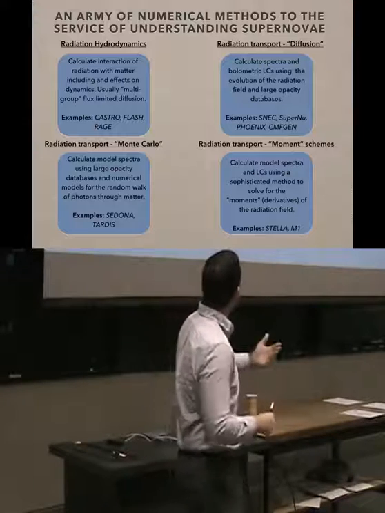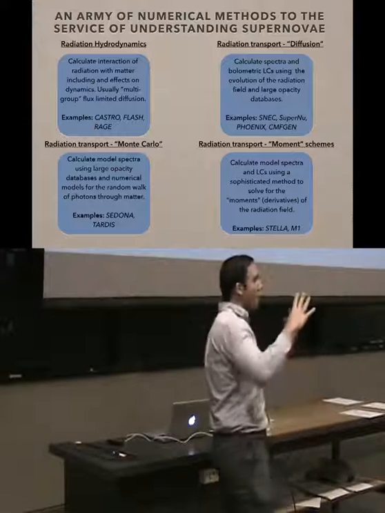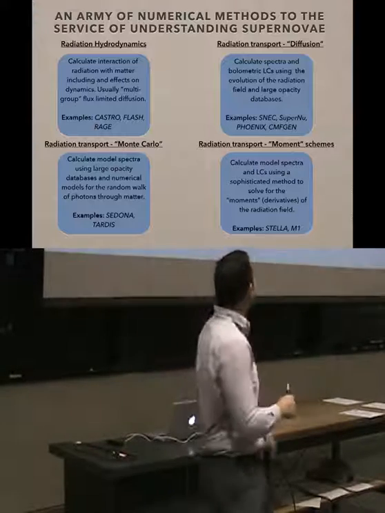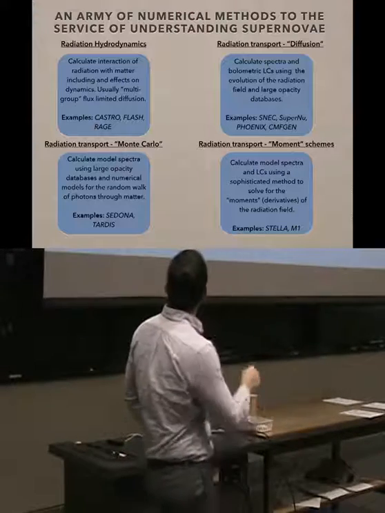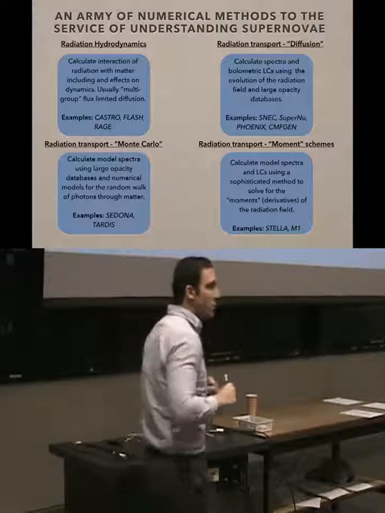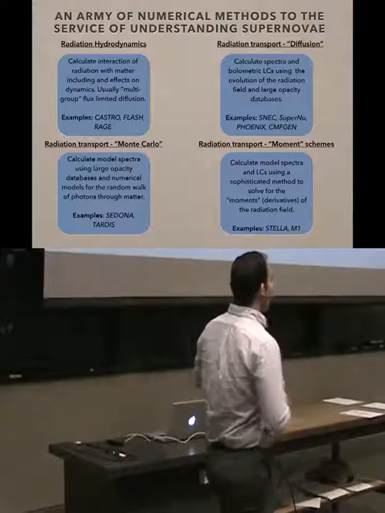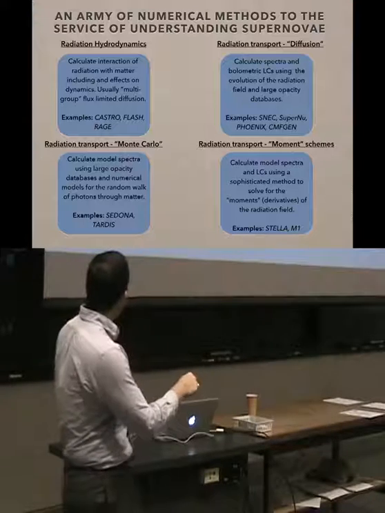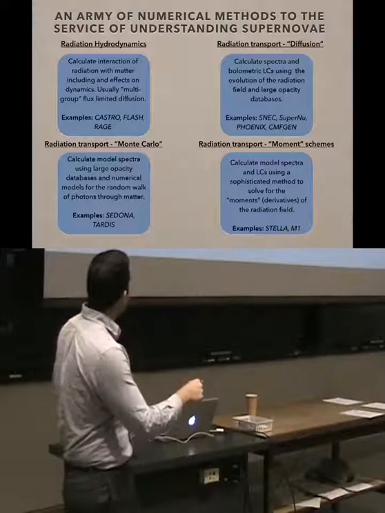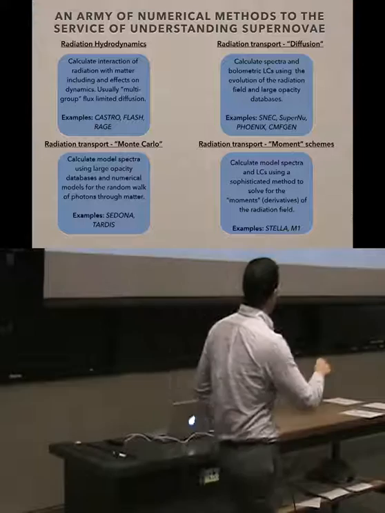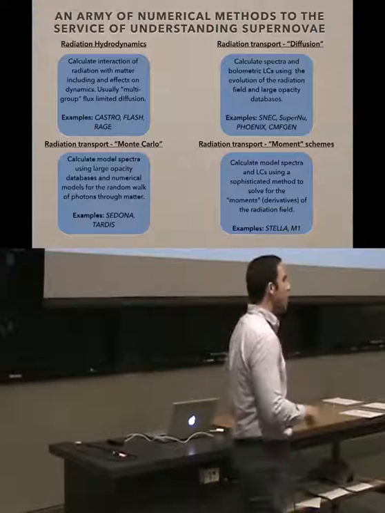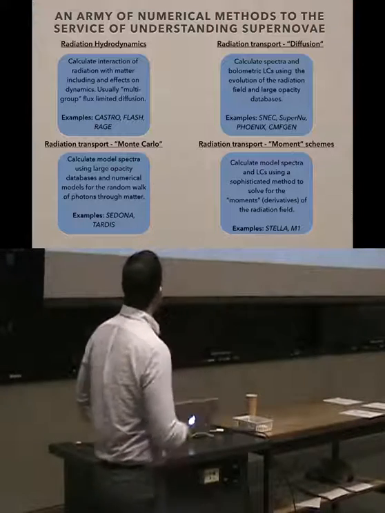Then you have simple radiation transport codes, which look at the broad effects of the diffusion of light through matter. And these are some examples. More detailed Monte Carlo simulations, which go back to that picture of multiple scatterings of light before it escapes. There are some codes that can do that. And there are more complicated methods that we're going to talk about, radiation transport methods that are used in different codes.